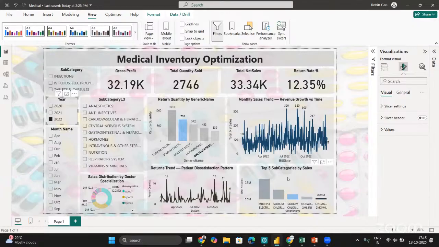And here is the top subcategories by sales, the top five subcategories. For the year 2022, multiple electrolytes, and here sodium chloride, for sales, and this is by the generic name, and this chart is for the return trend, patient dissatisfaction by pattern.